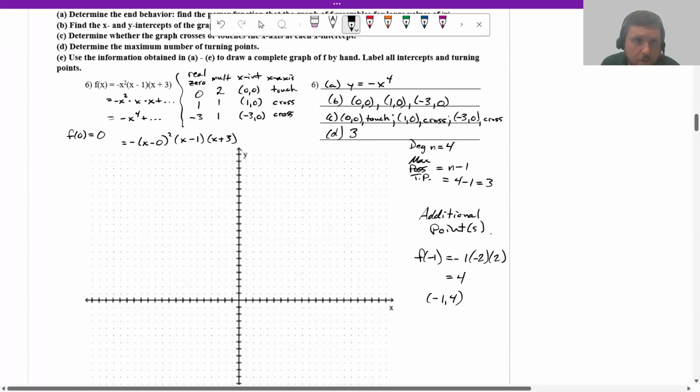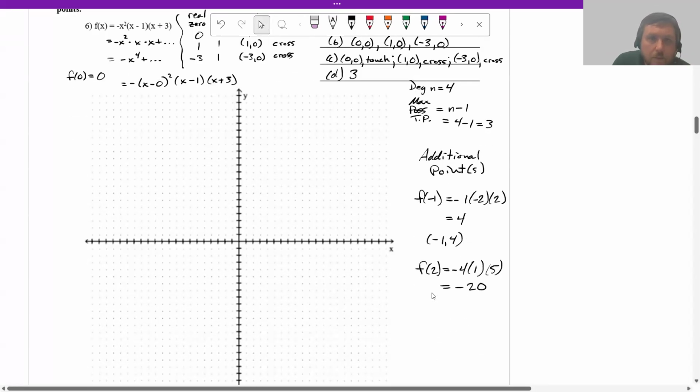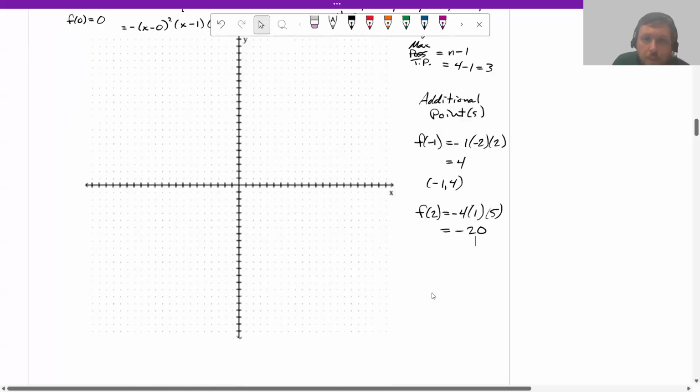How about +2? So f of 2. Then that's -4 times 1 times 5. So I get -20. Let's see. How about -2?